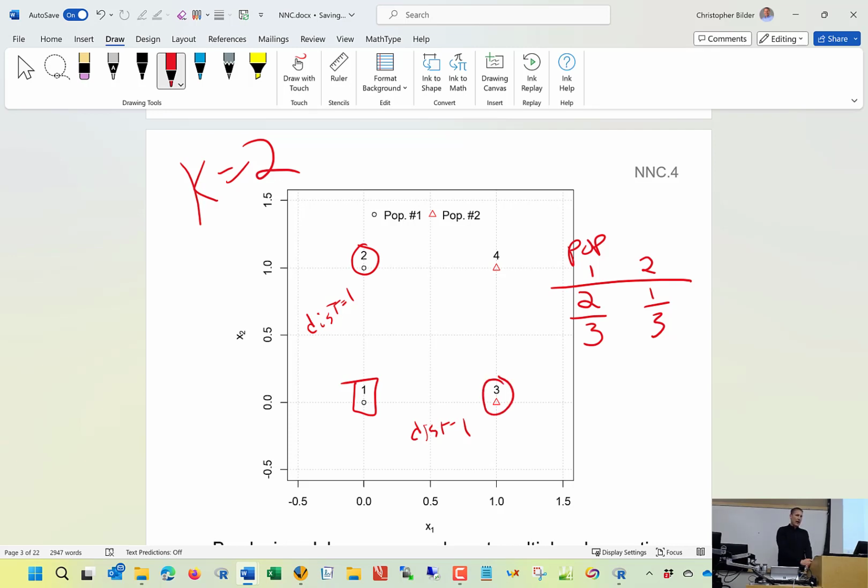Since there's a tie in terms of that distance, R is going to say, let's include all ties. So when I look at the observed proportion for my neighbors, I'm going to have 3 neighbors instead of 2. And overall, of these 3 neighbors, 2 of them are from population 1, 1 of them is from population 2. Does that help? Okay.